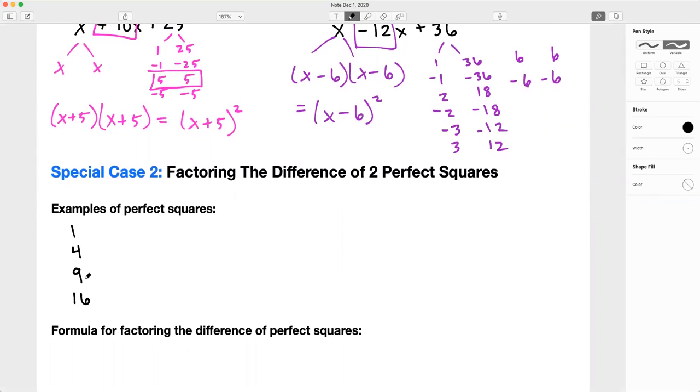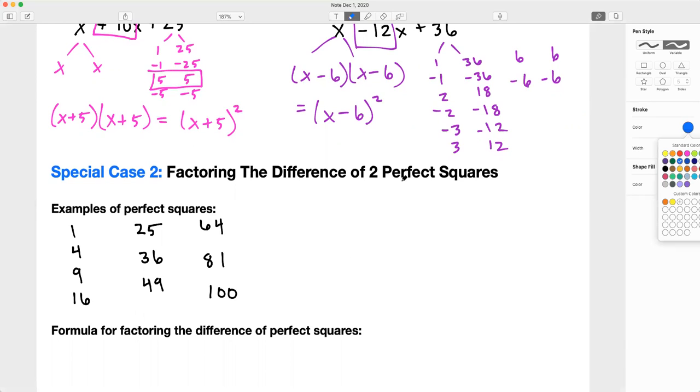Do you see where I'm getting these? I'm going to keep writing them and maybe you can figure it out. 25, 36. Can you think of the next one? 49, 64. Can you think of the next one? 81, and 100. And that's as far as I'm going to go.